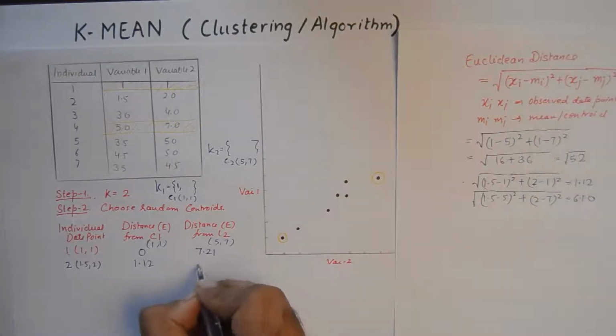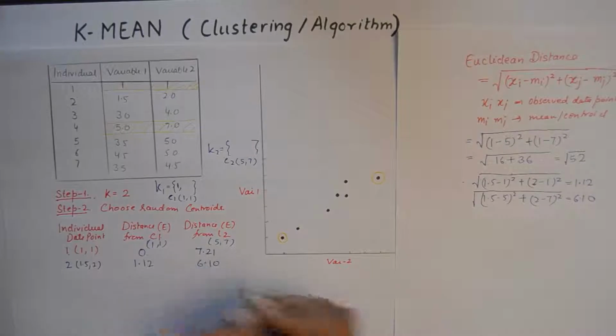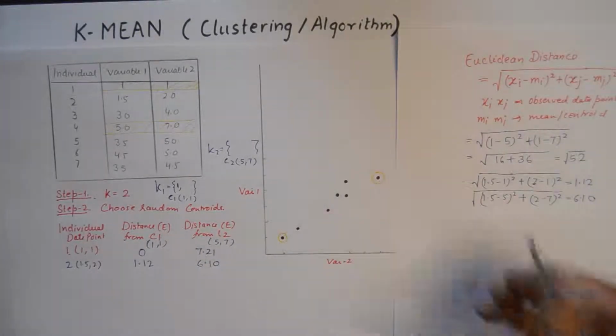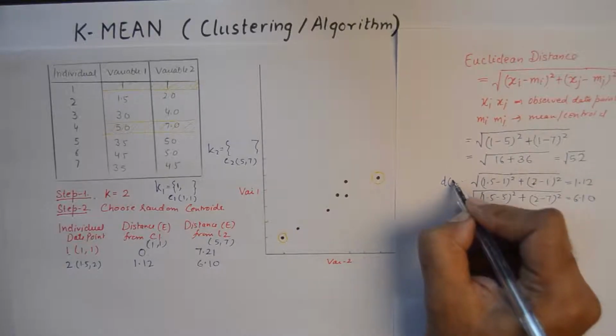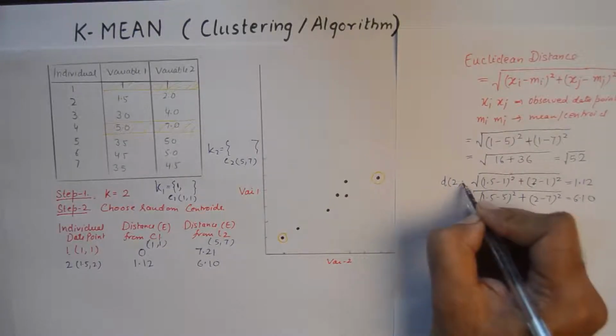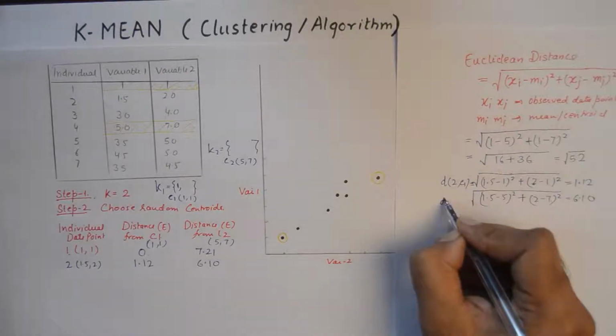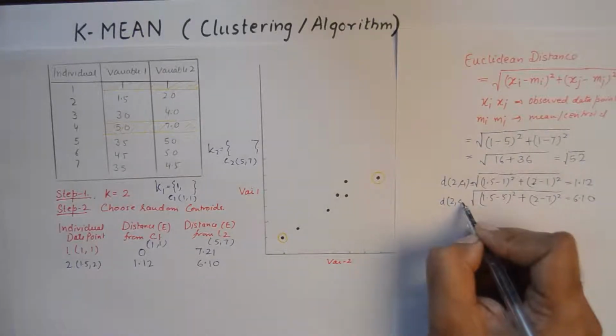So this is 6.10 away from this centroid. This is pretty far away from this centroid, and this could be written as the distance of point 2 from centroid 1 and the distance of point 2 from centroid 2.